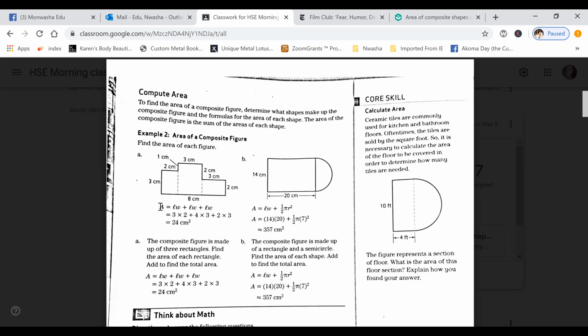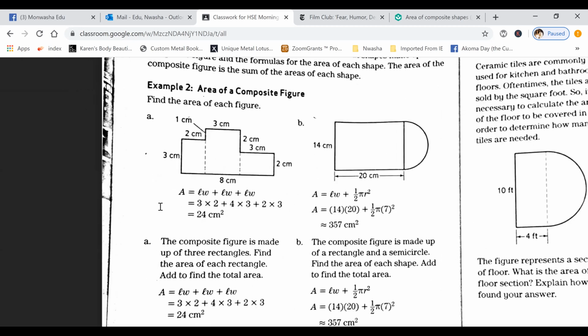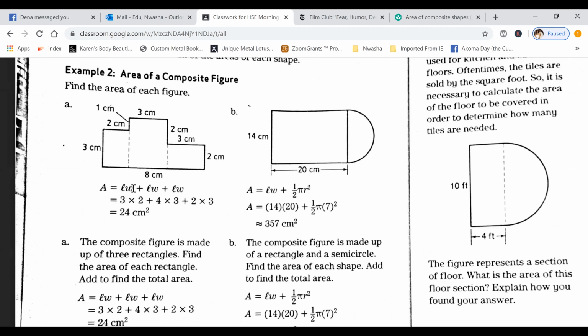So this is the formula that they're making for themselves. A equals a length times width plus a length times width plus a length times width. So you have to figure it out. Now, this one is where you might have to use your imagination again, or you might have to take a look around the shape to see what the length and the width actually is.